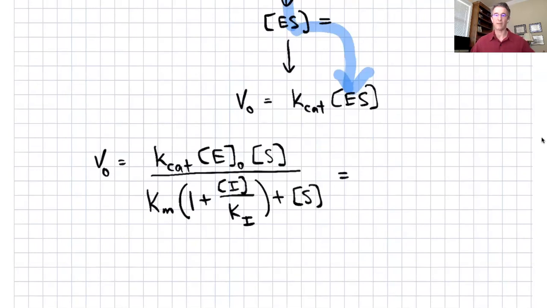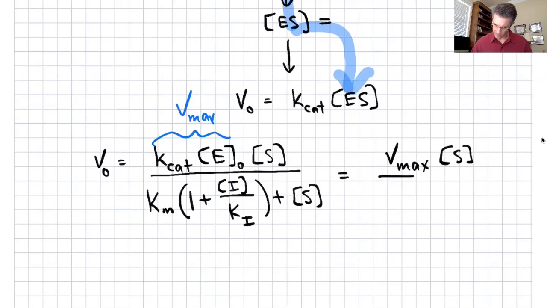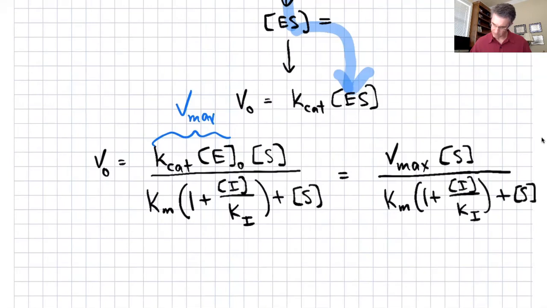Or written in the way we know how to do it, because that's just Vmax, we can write this out as Vmax times the concentration of substrate divided by Km times 1 plus the concentration of inhibitor over Ki, plus the concentration of substrate. It's a little sloppy. That ought to look pretty familiar, all right?